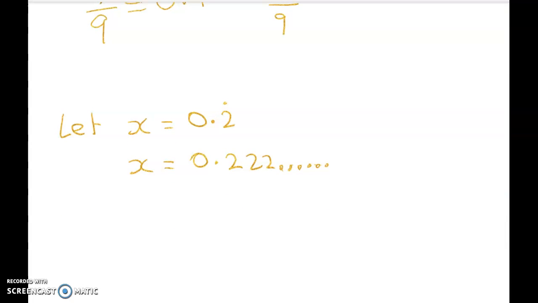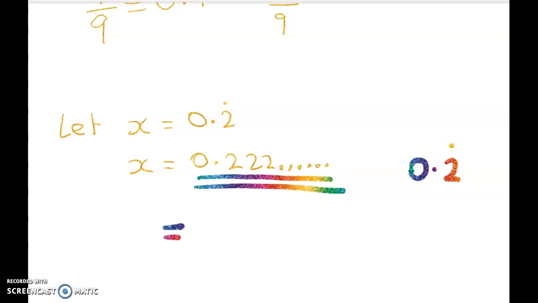So let's think about what would happen if I multiplied one lot of this. What happens if I've got 1 times that number? Obviously 1 times that number is just that number. But what if I had 10 lots of that number? Well, 10 lots of that number would be, let's see, this place value column here, the 2 is 2/10.